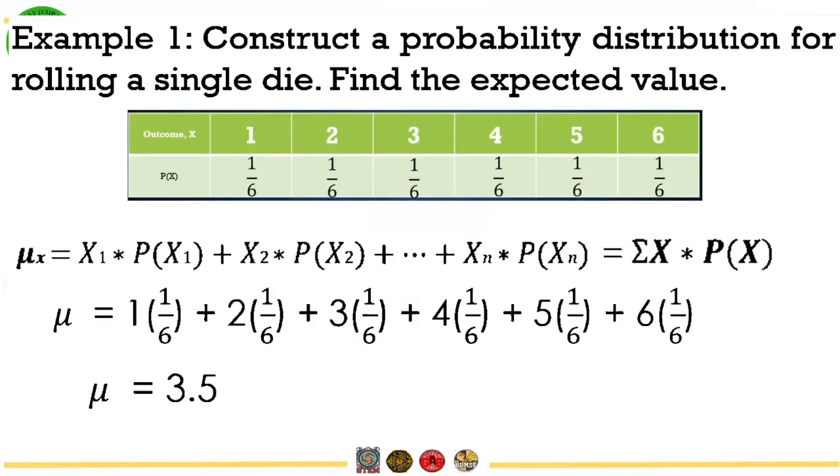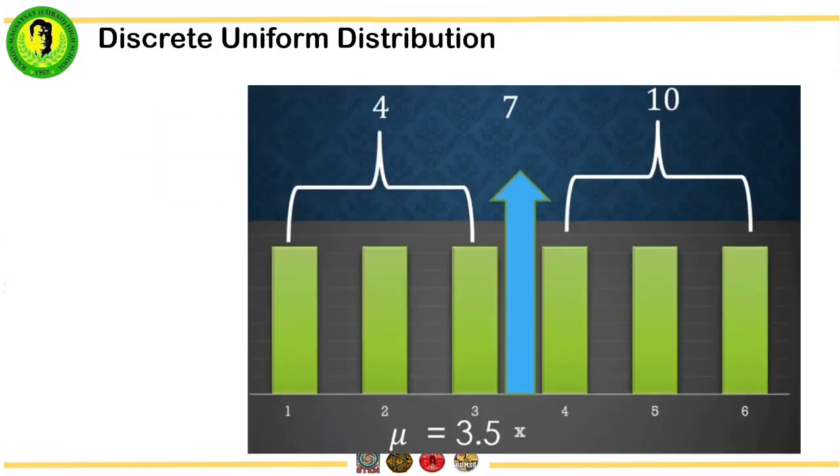So what is a discrete uniform distribution? A discrete uniform distribution exists when we have a uniform probability, like this one, 1 over 6. So we will create a bar graph like this one. The horizontal part is your x value, and the vertical part is your y value.